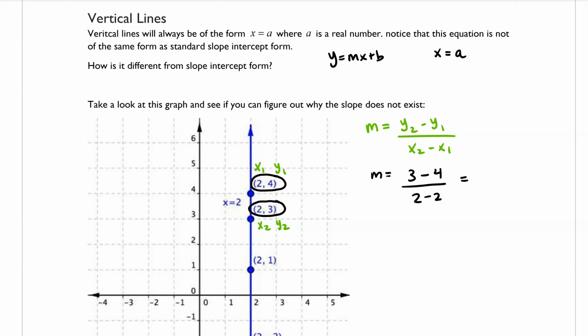And if we simplify that, 3 minus 4 is negative 1, and 2 minus 2 is 0. Now, you've probably heard somewhere in your life before that you cannot divide by 0. It will lead to bad things happening. And so we say that this is undefined.